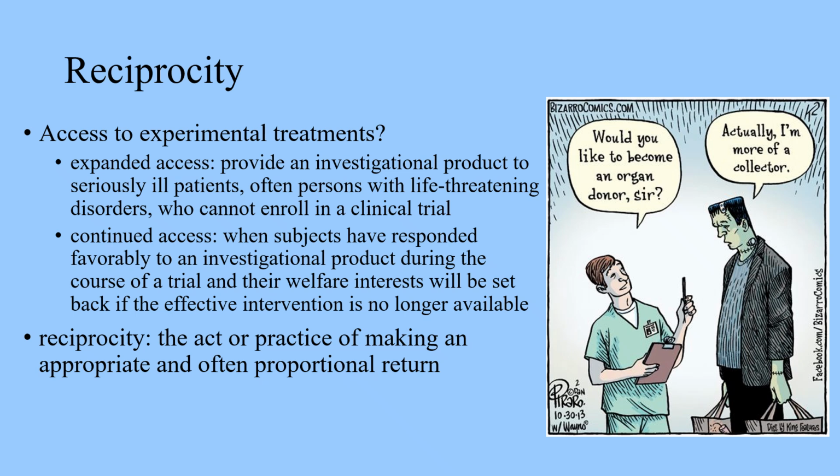So this is just the idea of reciprocity. I'm not trying to say that everybody has to be an organ donor to have access to organs, nothing like that. But it's based on this principle of reciprocity that ultimately there seems to be some responsibility that if somebody takes on risks for the sake of others, then if the shoe was on the other foot, there is some benefit in that way.